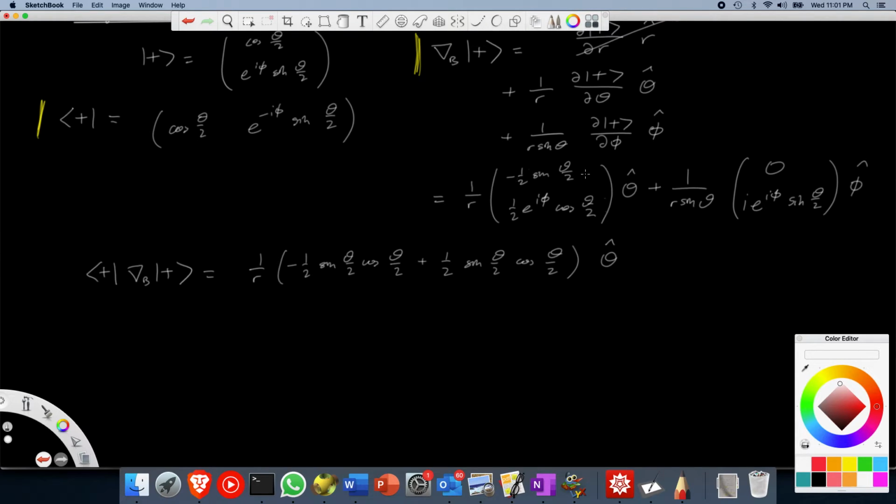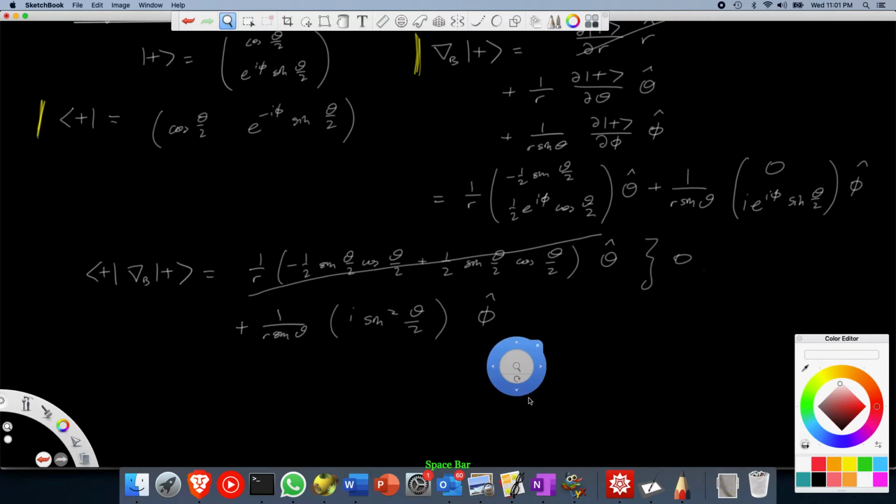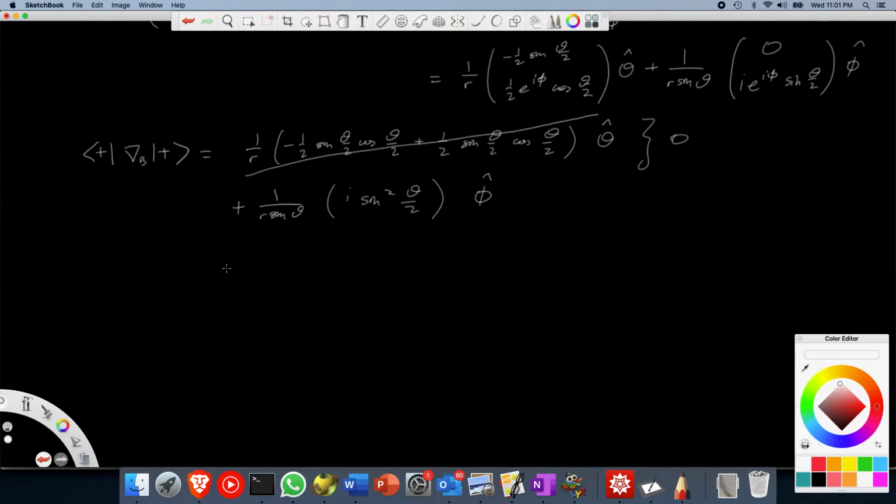This is just multiplying this component with this, and you see that it cancels out, so this is just 0. And then there's also this phi unit vector over here, and that will be 1 over r sine theta, i sine squared theta over 2, and phi hat. So the first term cancels, leaving us with the second term.